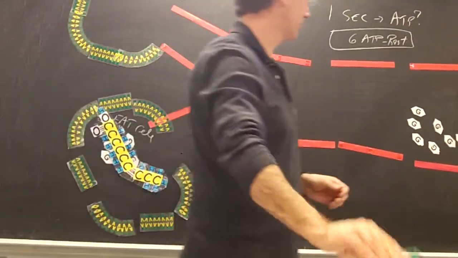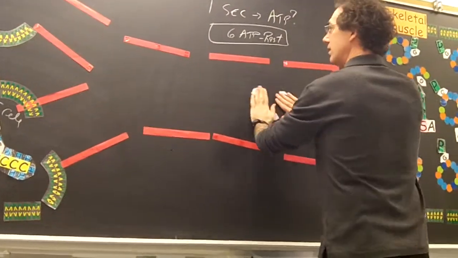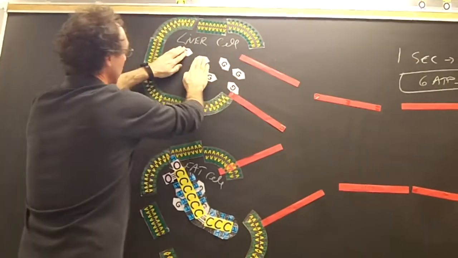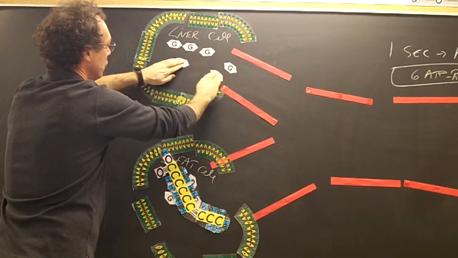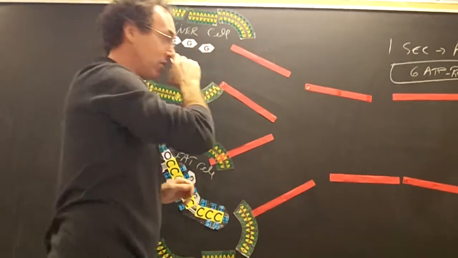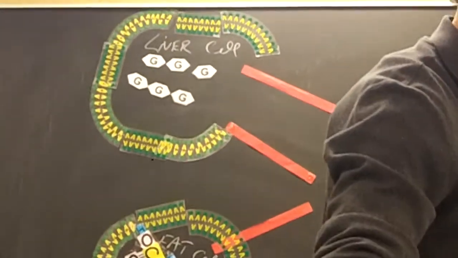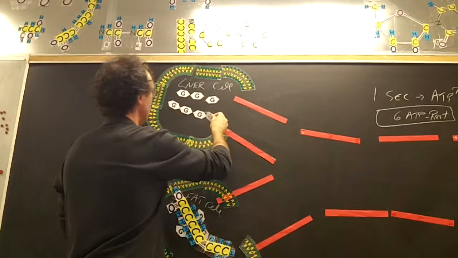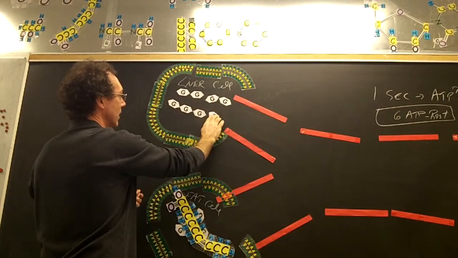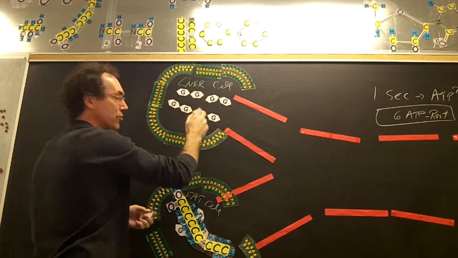And let's take some of these glucoses here and bring them up to the liver. When the liver bonds them together in these chains, what do we get? What's this molecule called? Yeah, it looks like cellulose, but notice it's glycogen.